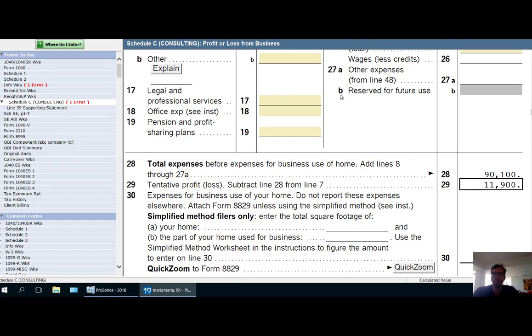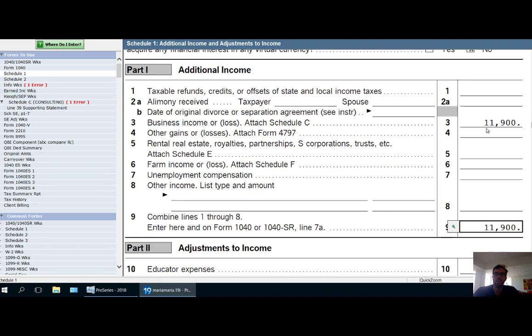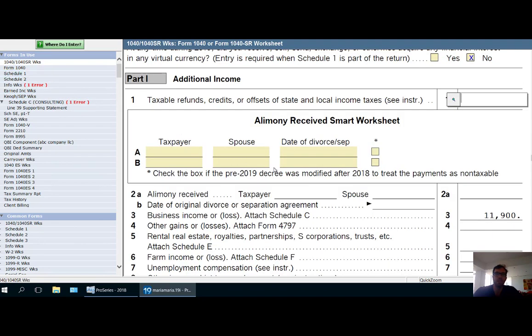Net profit is the gross margin minus your expenses. So the 102 minus the 90,000 is 11,900. So this is what flows to Schedule 1 right here, and then this Schedule 1 flows to her 1040 right here, business income.